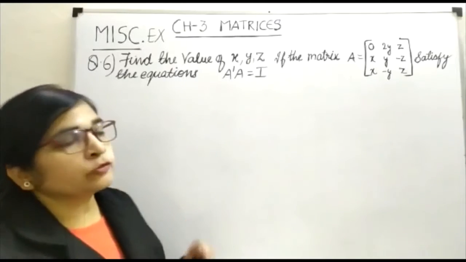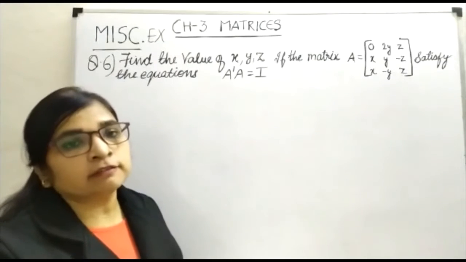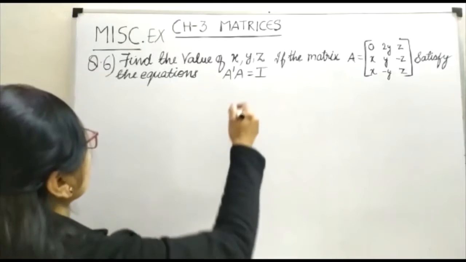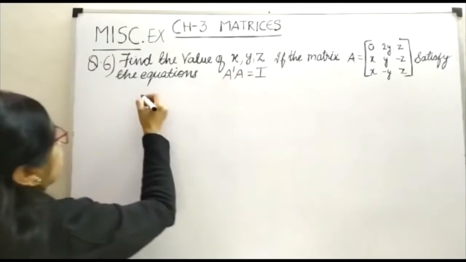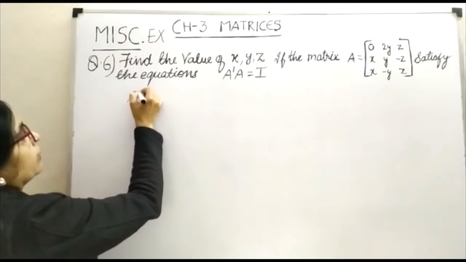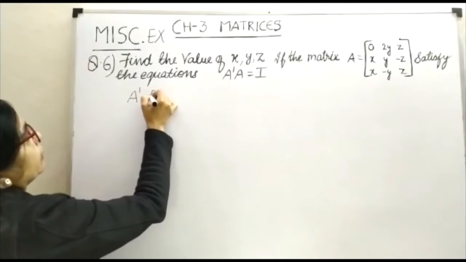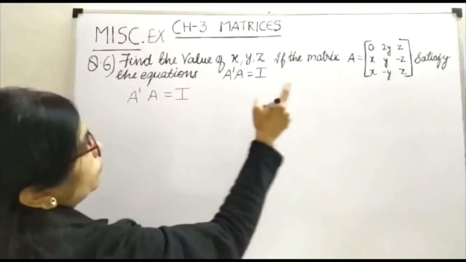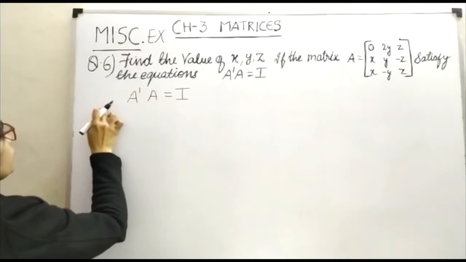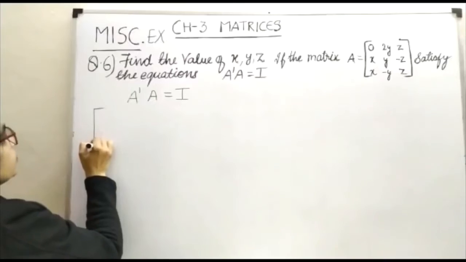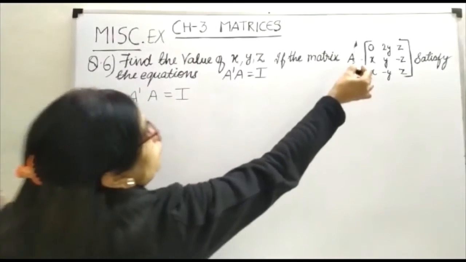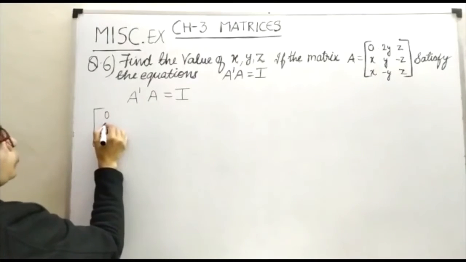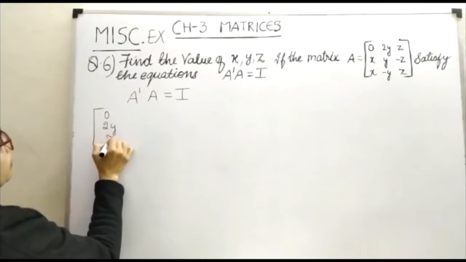You know the transpose of any matrix is the matrix obtained by interchanging the rows and columns. So we are going to start from the given condition, that is A transpose A is equal to I. Let's write A transpose. The very first row is 0, 2y, z, so it will become the first column 0, 2y and z.